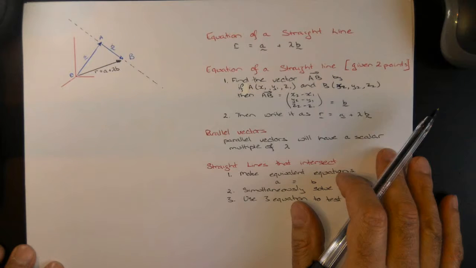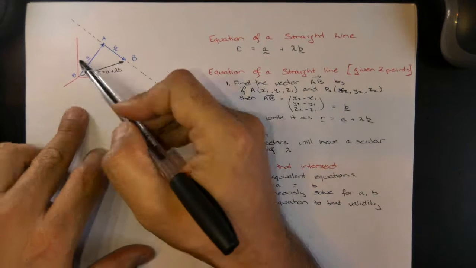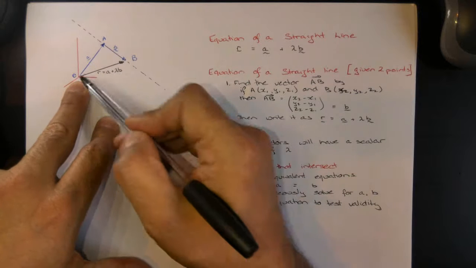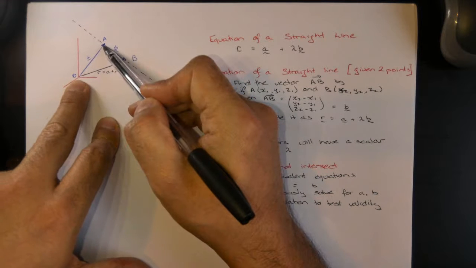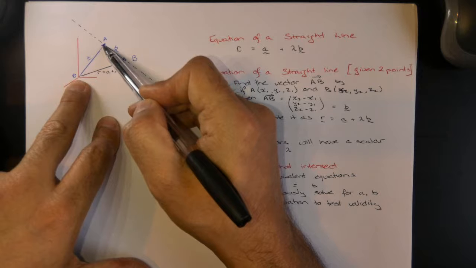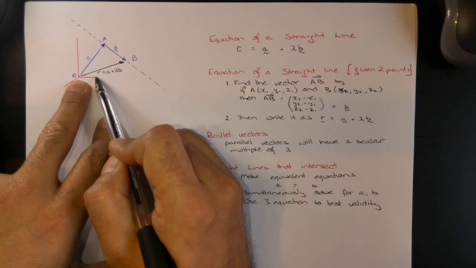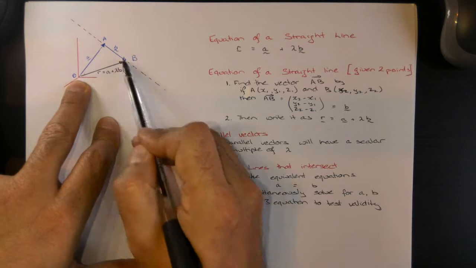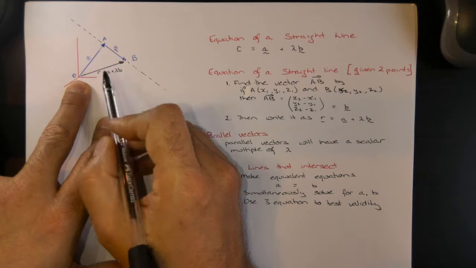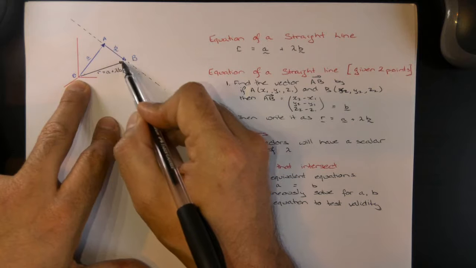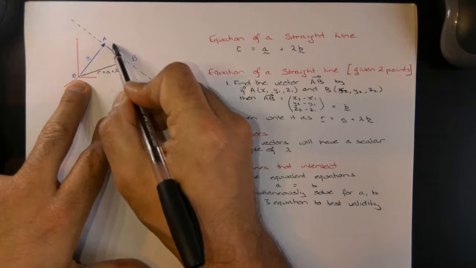Alright, so in 3D space, if we want the equation of this line, we have one position vector, which we call A, and then we know another vector B. So the vector equation of this line is going to be some amount of this vector plus a magnitude change of this vector.